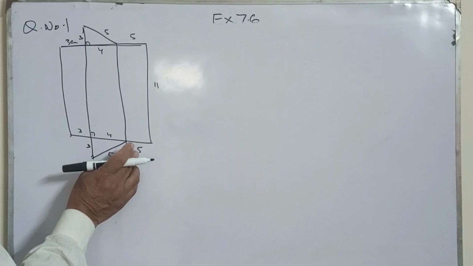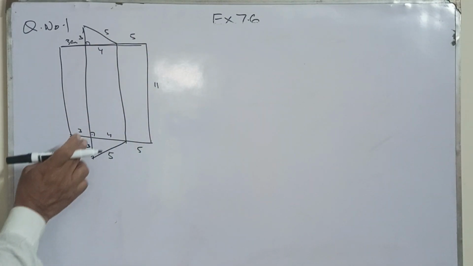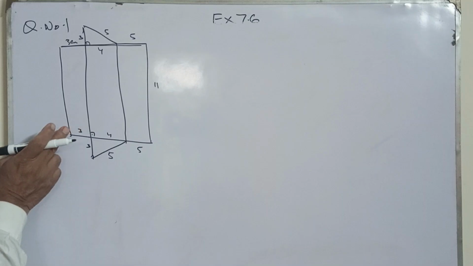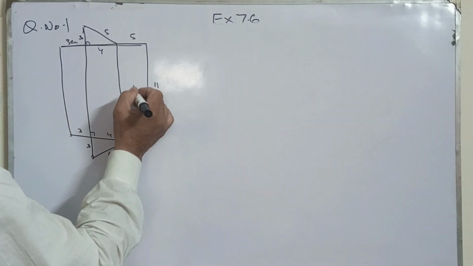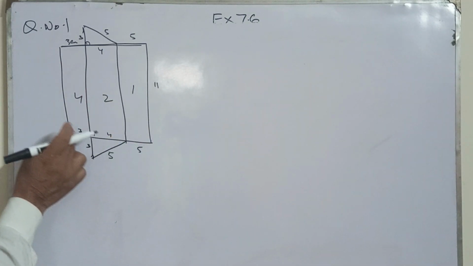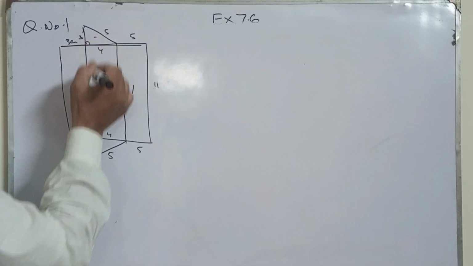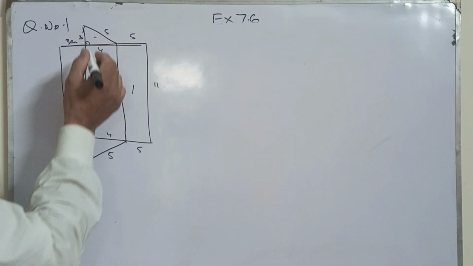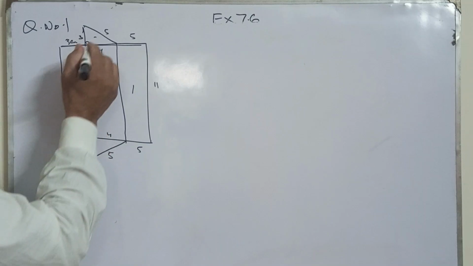You see that the first is 5 into 11 and the second one is 3 into 11. There are three rectangles and two triangles.